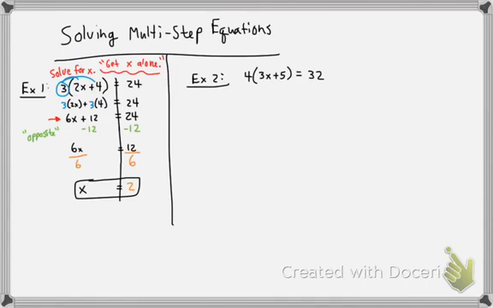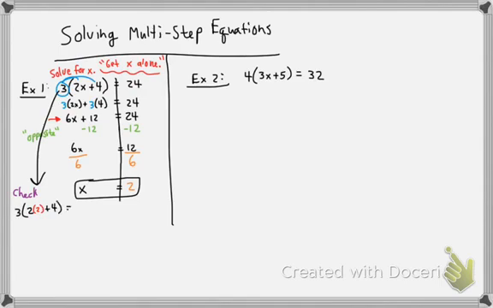Going back to our original problem, this must mean that x has to be a 2 for this to be true. Let's check. So I'm going to do in purple, I'm going to check. Let's do 3 times 2x, but instead of x being x, it's actually a 2. And then plus 4.